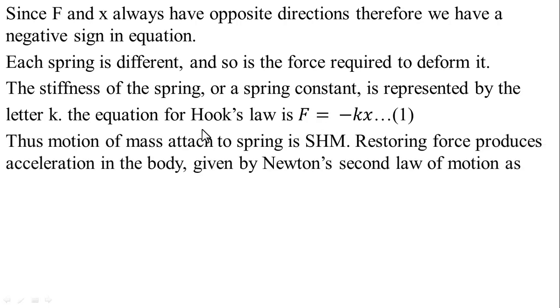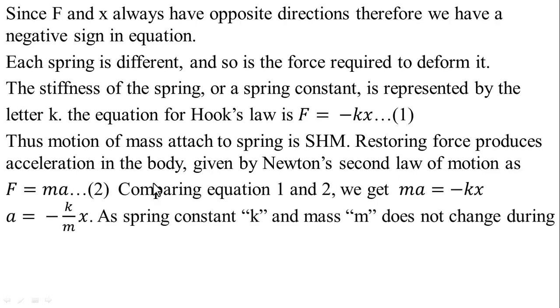Now the motion of a mass attached to a spring in simple harmonic motion: the restoring force produces acceleration in the body. So according to Newton's second law of motion, F is equal to ma. We call this equation 2.